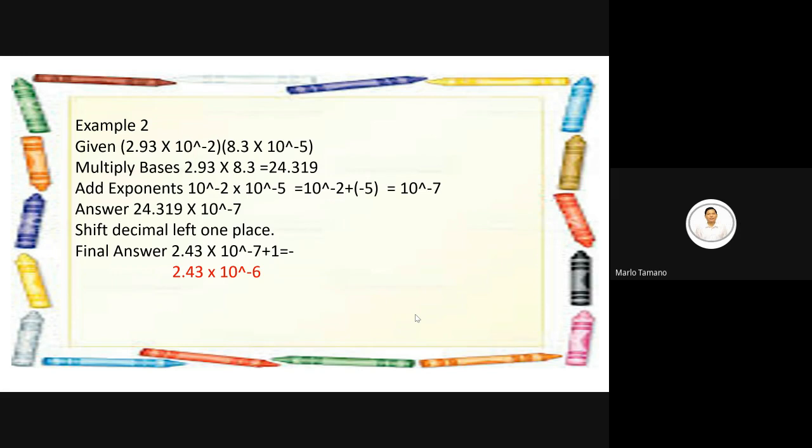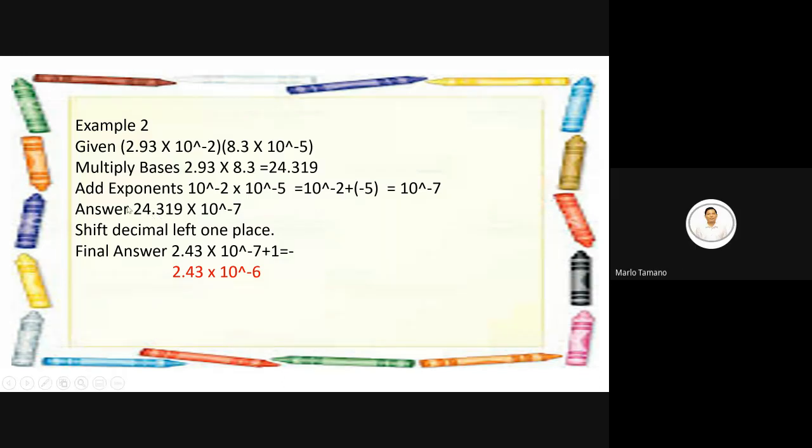Tandaan niyo yan sa integers. Nare-recall niyo? In adding like signs, add and copy the common sign. Katulad nito, negative 2 plus negative 5 is equal to negative 7. May tanong kayo dyan? Wala, sir.